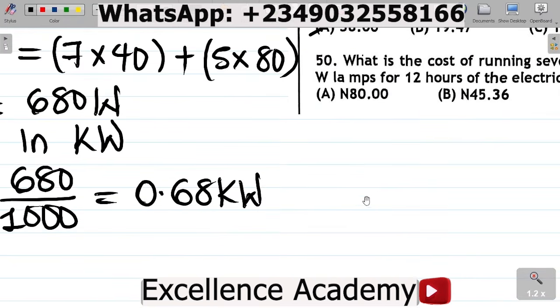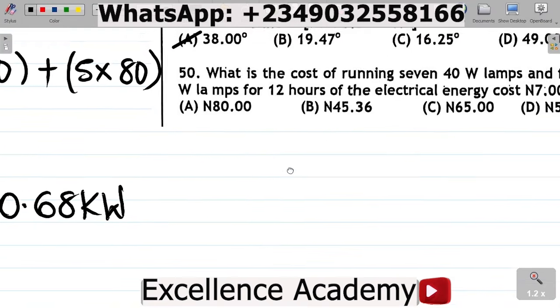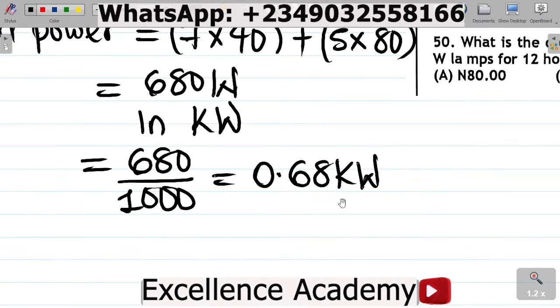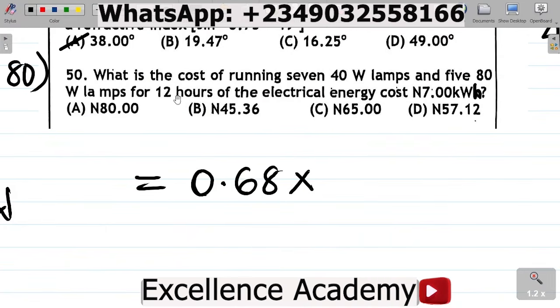Now they said, how long did you operate this? The operation of this particular electrical appliance was for 12 hours. So the energy will be equal to the total power, 0.68, times how long it has been in use, which is 12 hours. I'm not converting hours to seconds because this is in kilowatt hour.